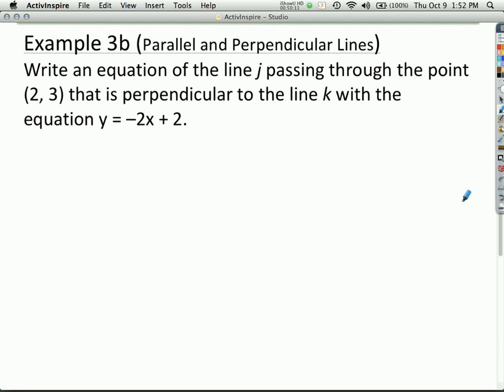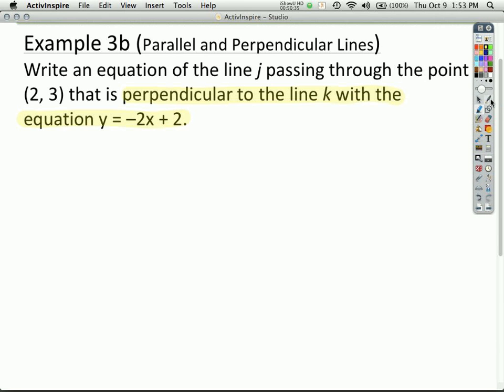Write an equation of the line J passing through the point 2, 3 that is perpendicular to line K with the equation y equals negative 2x plus 2. Sounds very involved and confusing. But as I just explained in the previous example, all of this is a fancy way of saying m equals something.